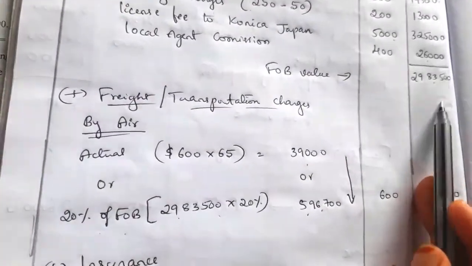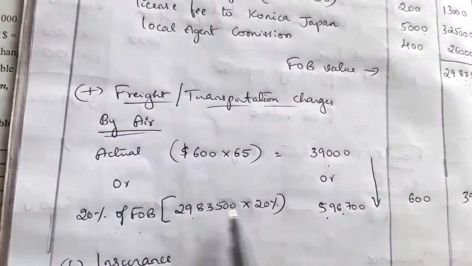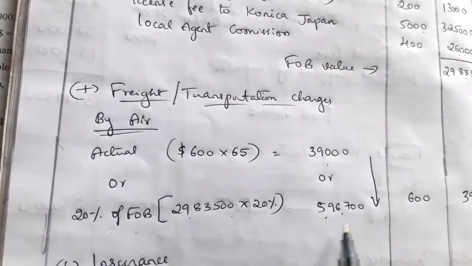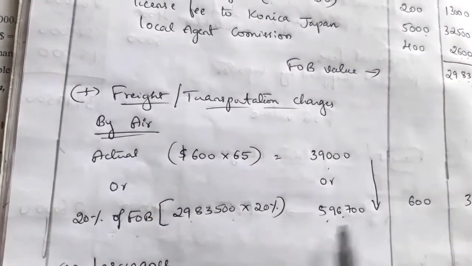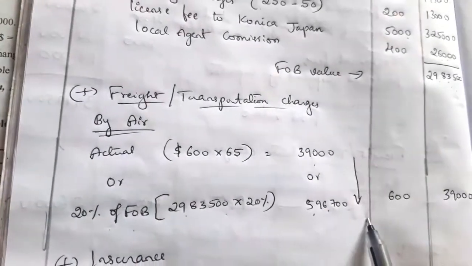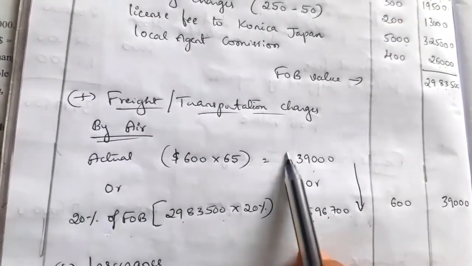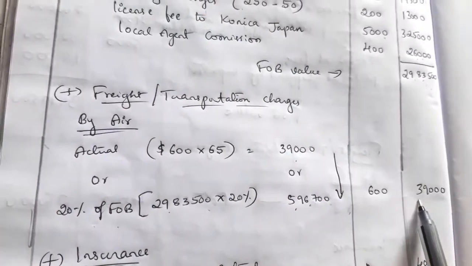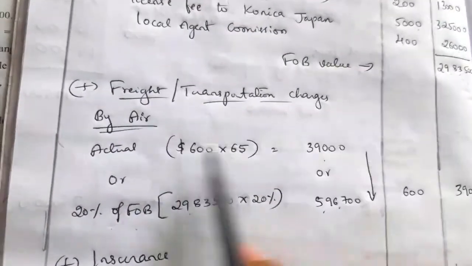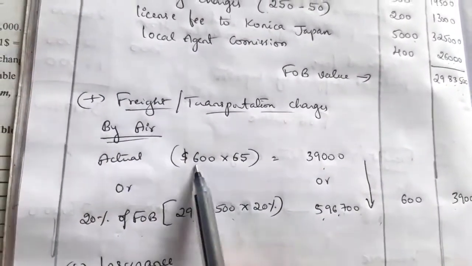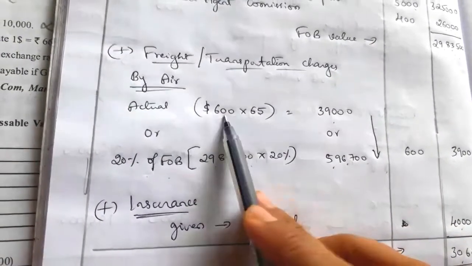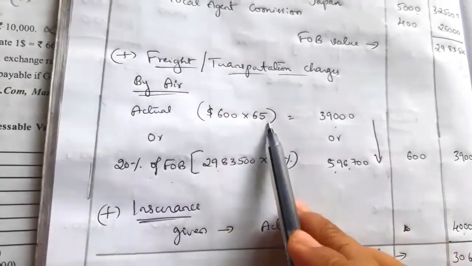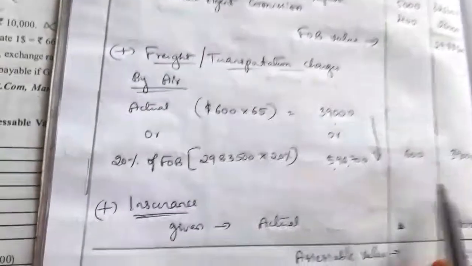FOB 29,83,500 into 20% is equal to 5,96,700. So the least value, 39,000, is the rupee value we have to take in the rupee column. That is, the actual is considered. The actual dollar value is 600, and 600 into 65 is equal to 39,000.